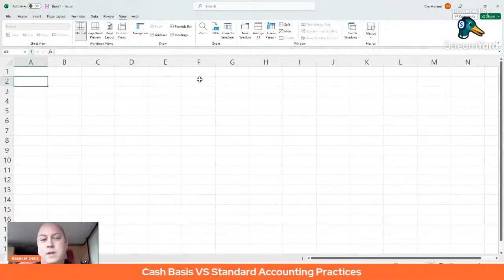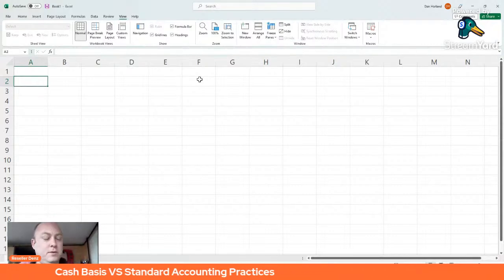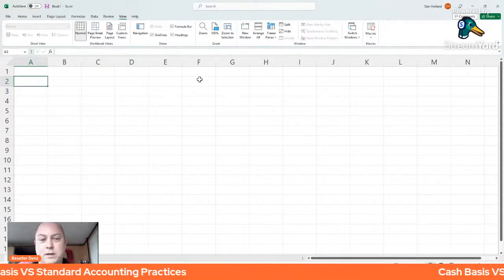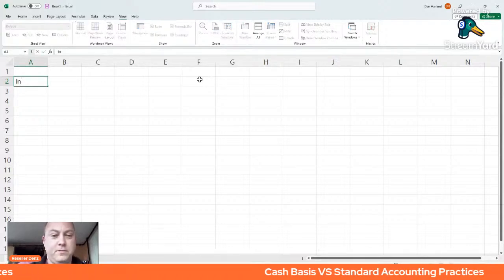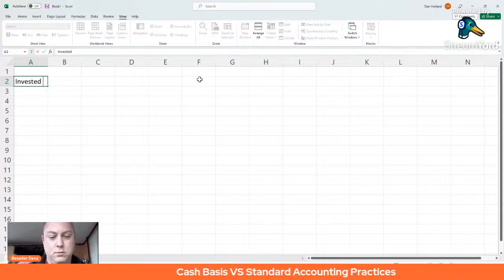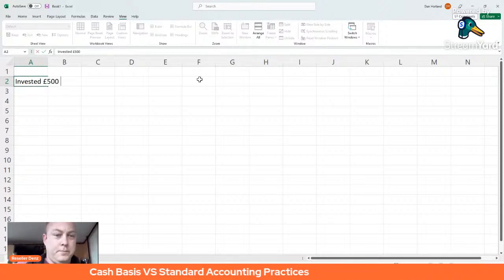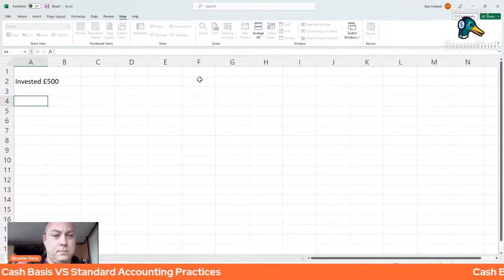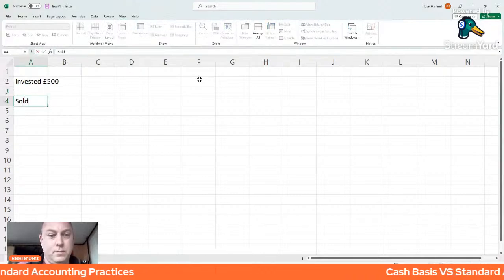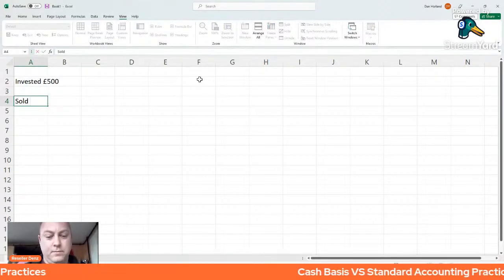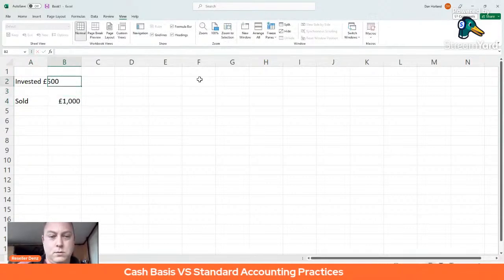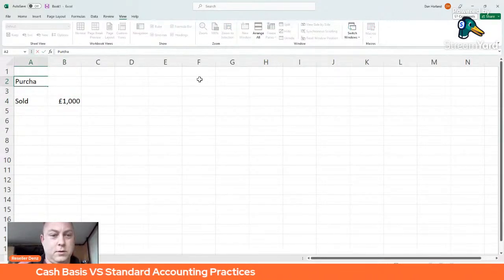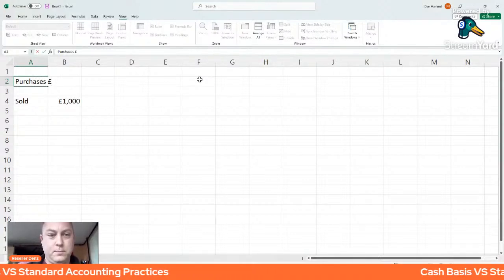So, cash basis is going to be the easiest one. Basically, it's going to be as simple as invested £500. You sold 1,000. The purchases are going to be £500.